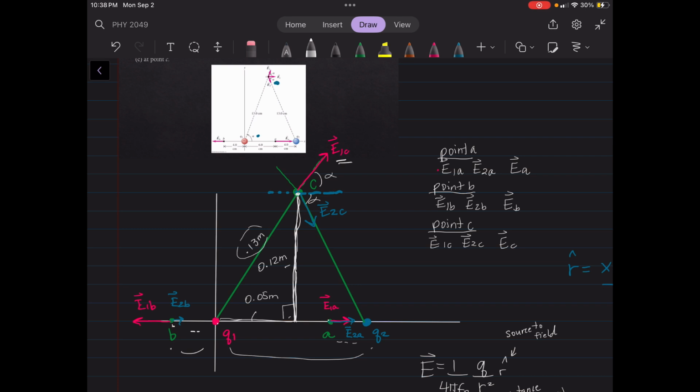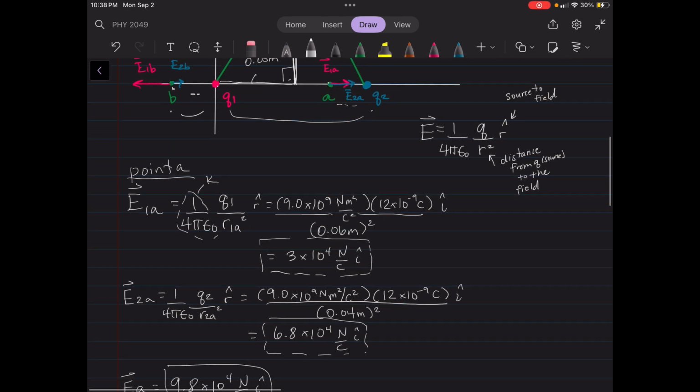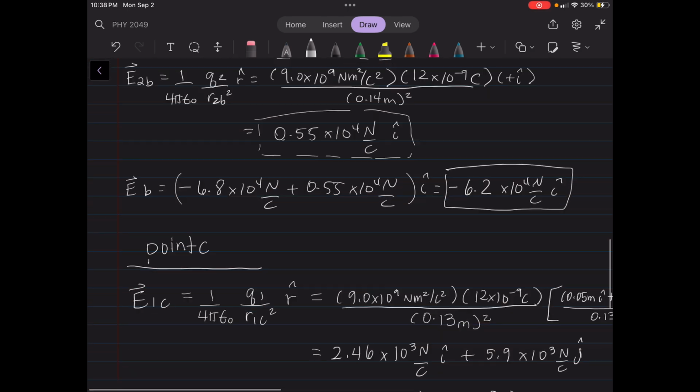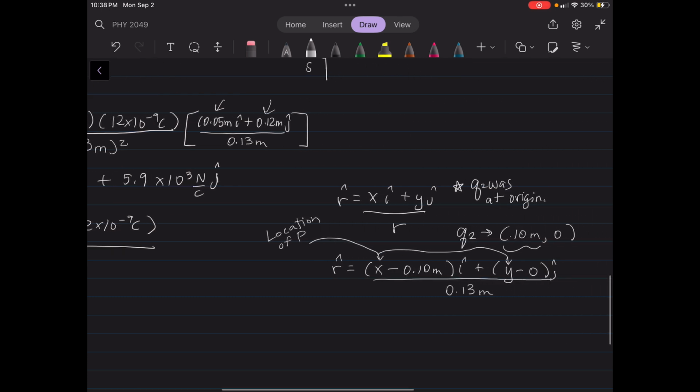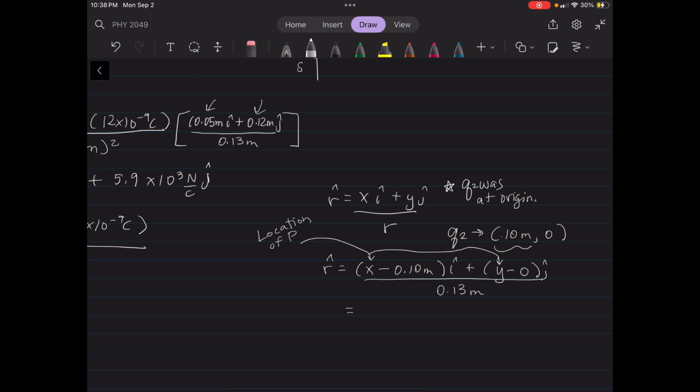That's the coordinate of point C, the field point where we want to know the electric field. Same values as what we put right here. So let's go ahead and plug that in. Oops, I keep wanting to put 0 there.